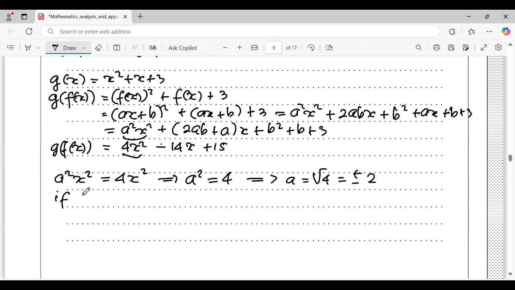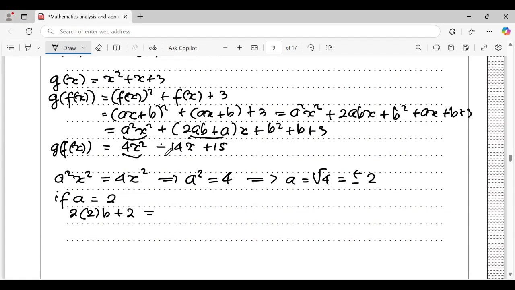Now, if a equal positive 2, substitute into this expression. So it's going to be 2 times (2b plus 1).